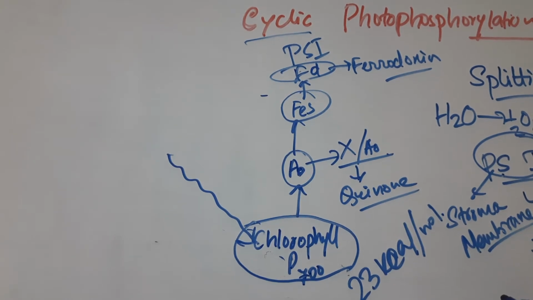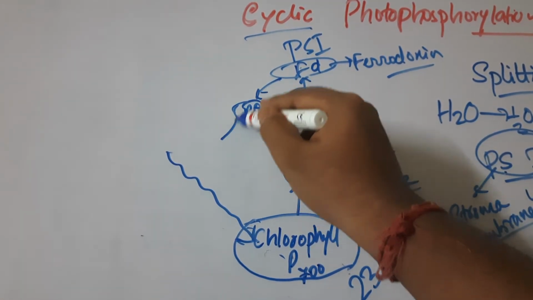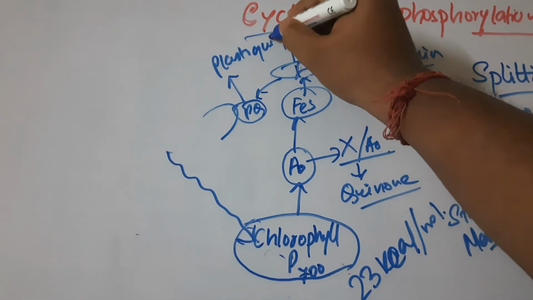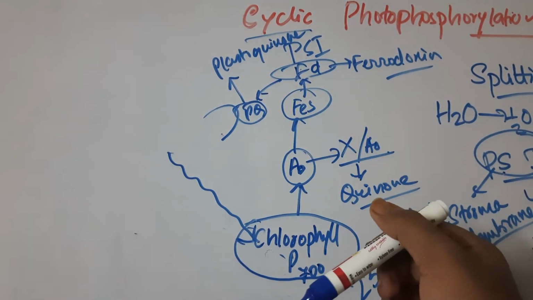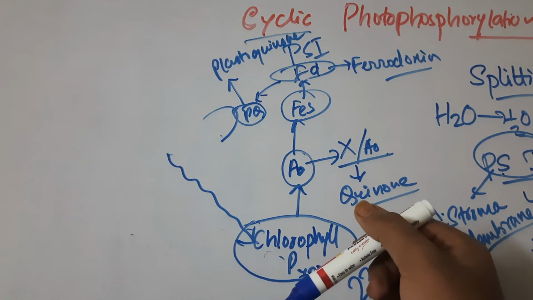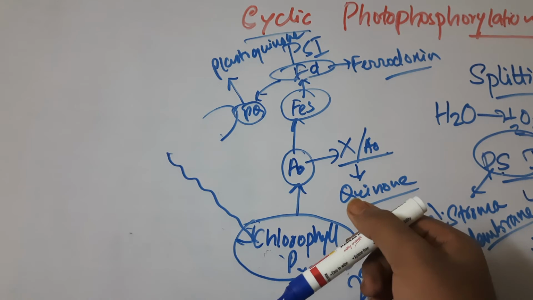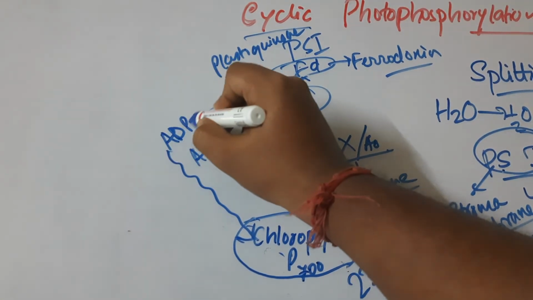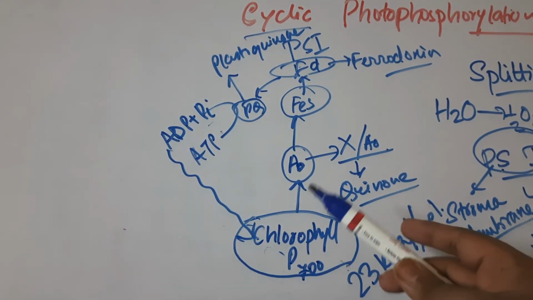Now we will see the cyclic nature. Here it will come to plastoquinone, PQ. And in this step something is happening: ADP and inorganic phosphate get converted into ATP.